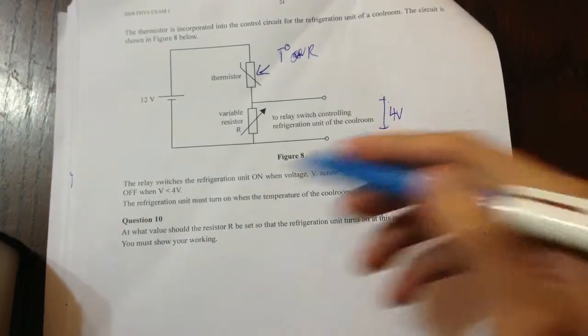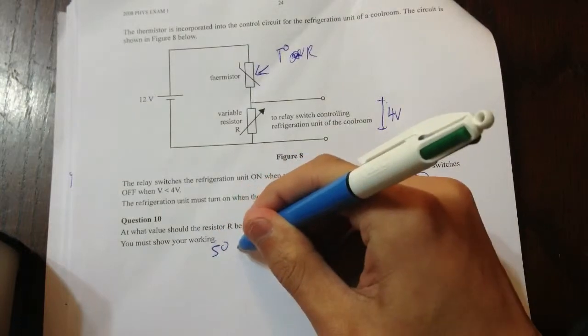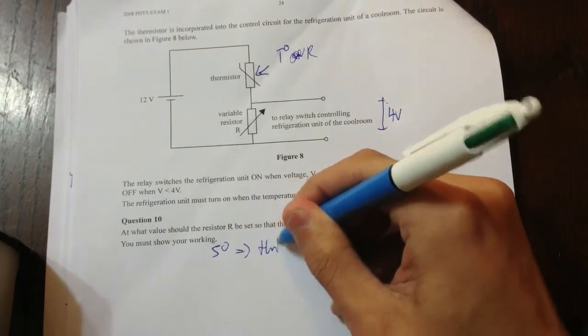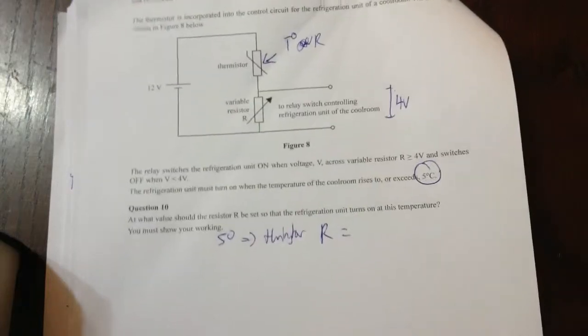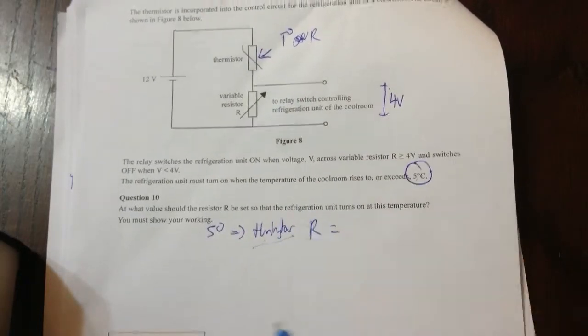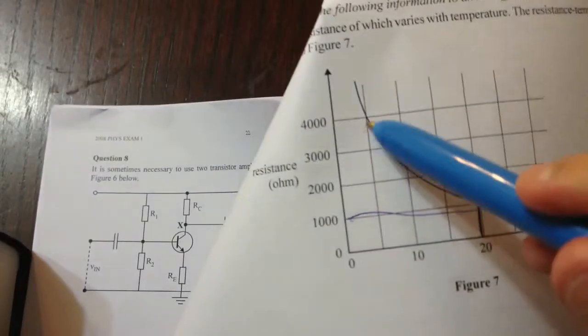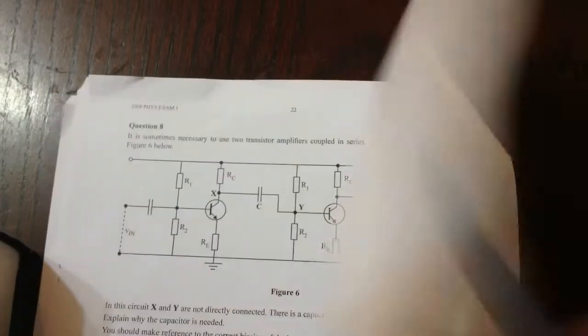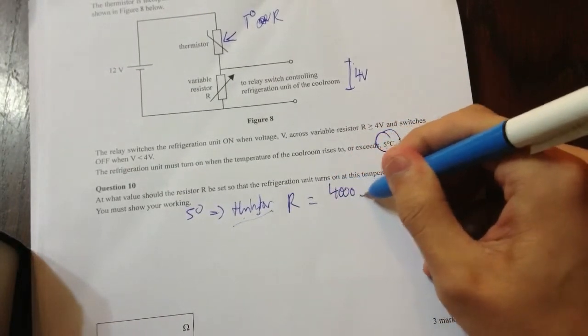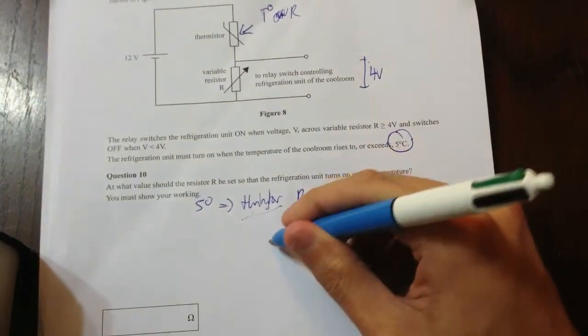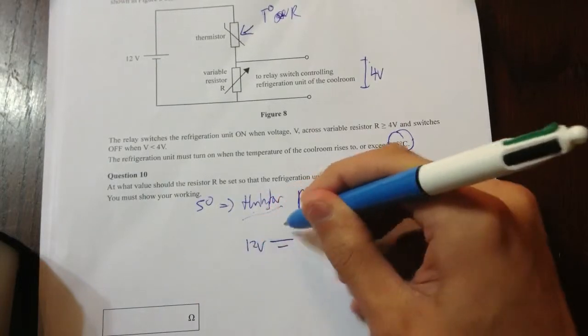So we know this is 5 degrees. So I'm just going to go: 5 degrees implies thermistor has a resistance of 4,000 ohms. Okay, so now our circuit looks like this.